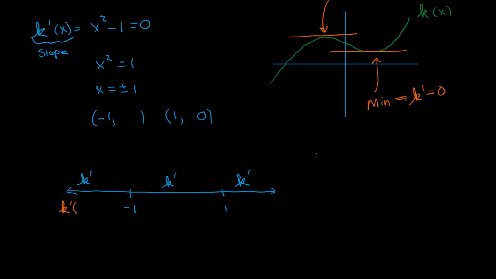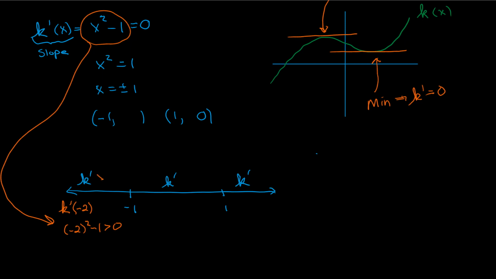It could be some strange things like a -75/16. It could be -infinity. I'm going to keep it simpler. I'm going to just pick -2. If we evaluate our derivative, which is in the upper left corner here, at -2, what that says is we're going to take a -2 squared minus 1, and you can see that's greater than 0. So on this interval, from -infinity to -1, the derivative is greater than 0, which means that the function is increasing. It's going up. It has a positive slope.